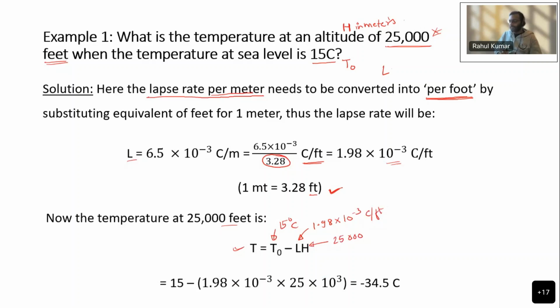If we substitute the values and calculate, we will get minus 34.5 degree centigrade.